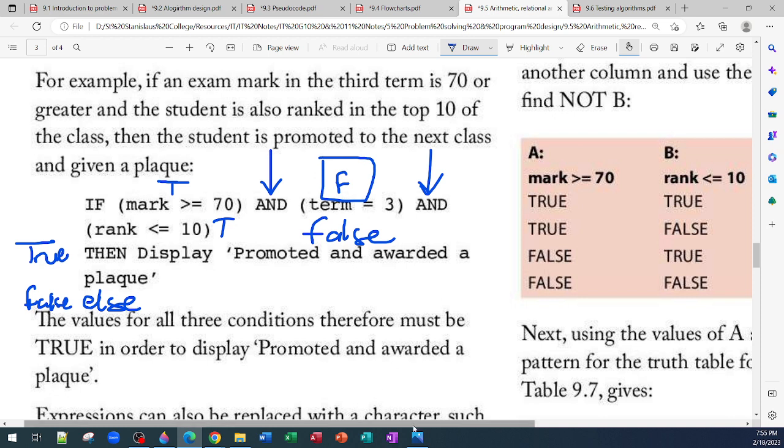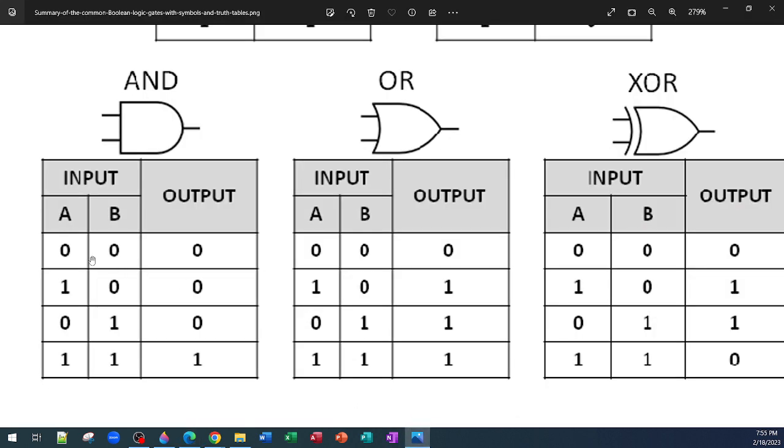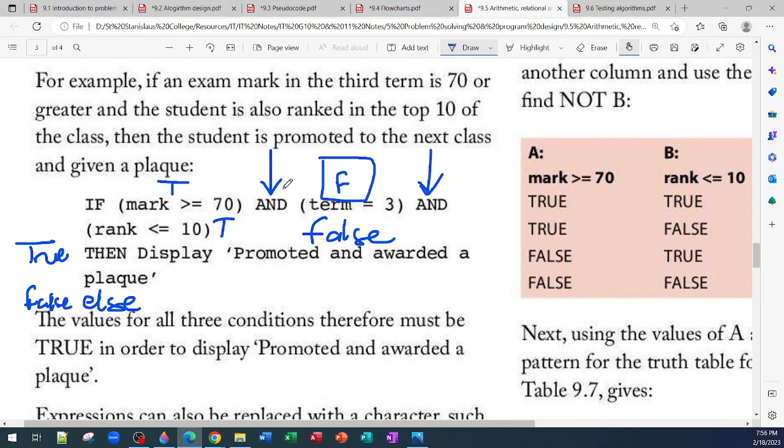So that's why I was telling you guys, we can look back at the table. Remember, for the AND, everything has to be true in order for it to be true. Anything else is going to be false. So with this here, simply because we have one false, the result is going to be false.